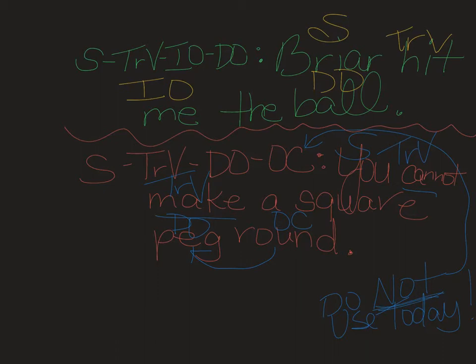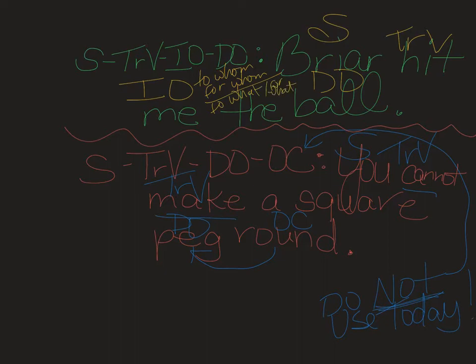He hit the ball. And he hit it to whom or for whom, or to what or for what. So Briar hit ball to whom or for whom in this case, and the answer is me. And that is your indirect object, okay?